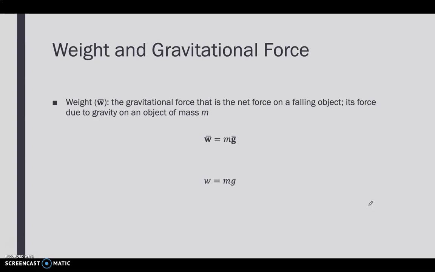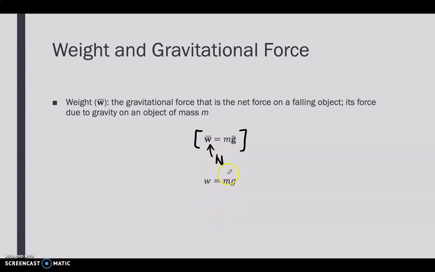Weight is what we typically think of. Remember how I said mass is related to weight, but it's not really weight, it's different. It's related in this way: weight is equal to mass times acceleration due to gravity, which is g. Weight is measured in newtons.